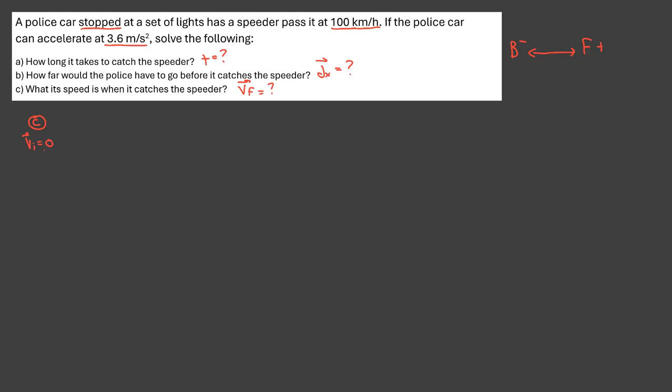And then we know we're going to be accelerating at 3.6 meters per second squared. Forwards is the positive direction as soon as the speeder passes us. So we're at rest, and then there's going to be some speeder. The speeder's going to come by at some velocity.